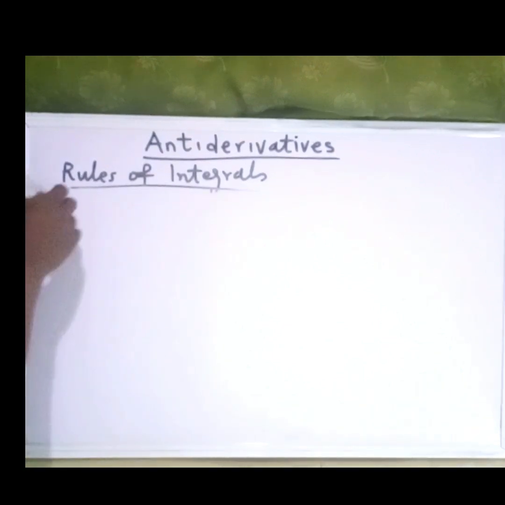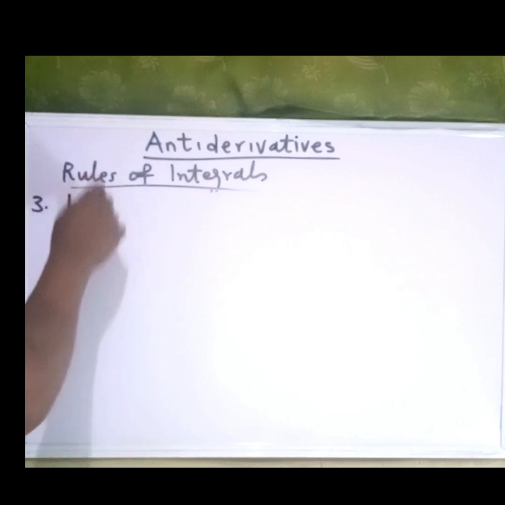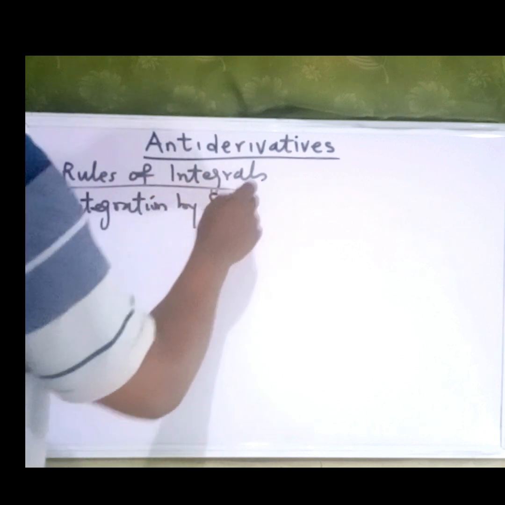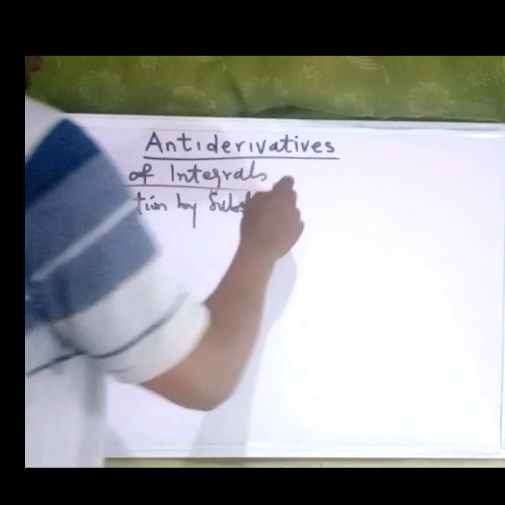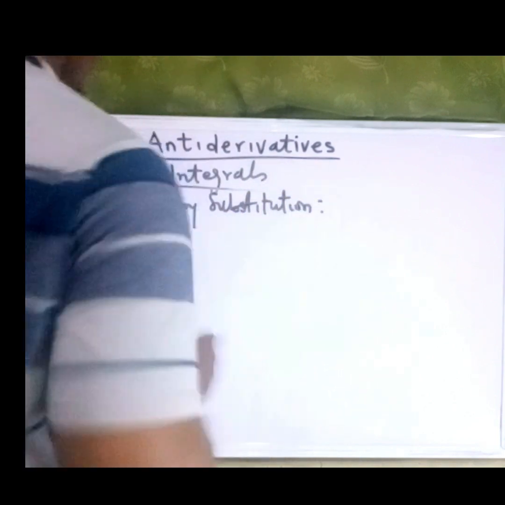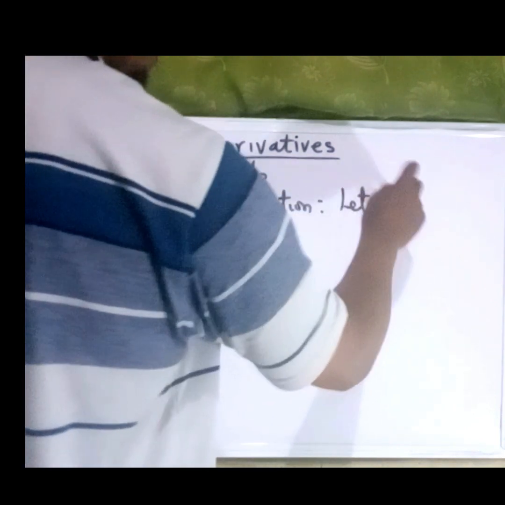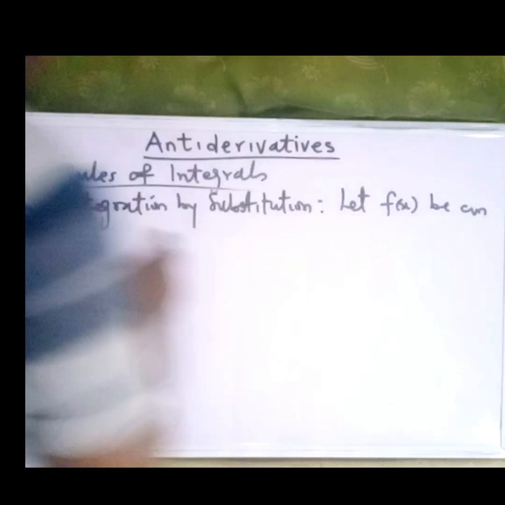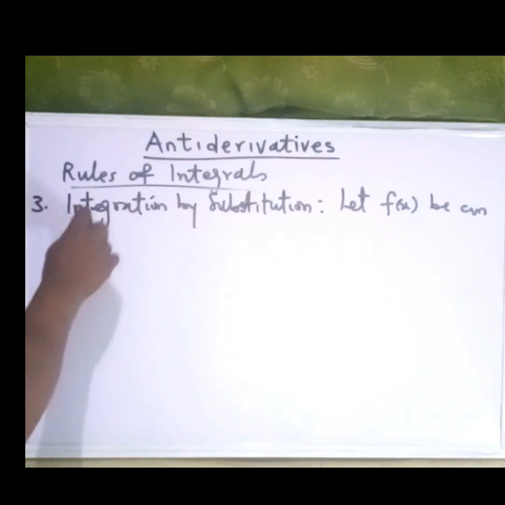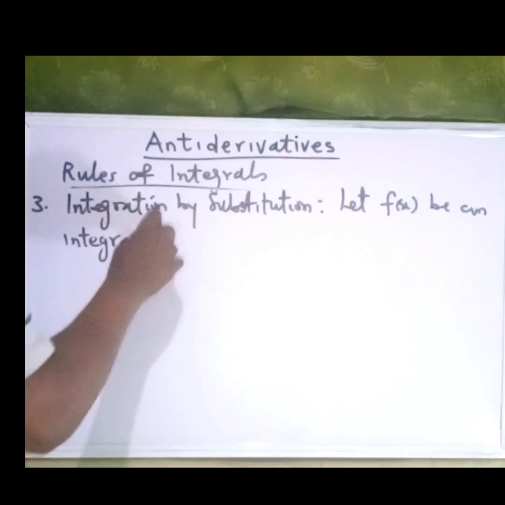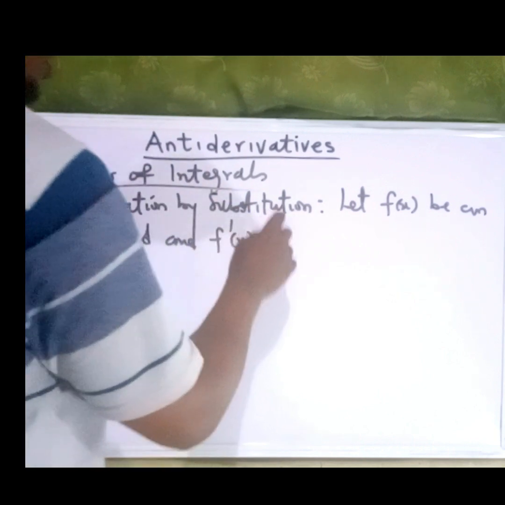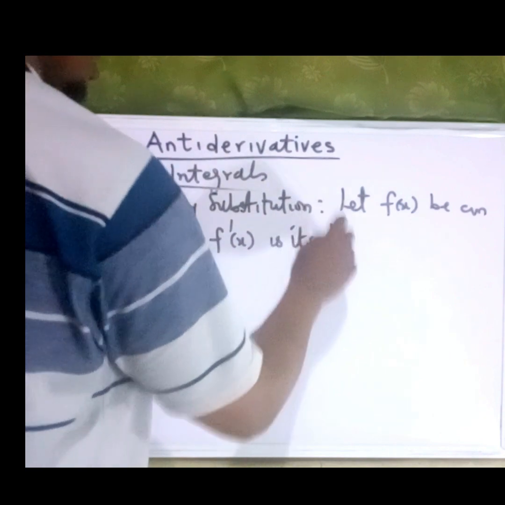So 3. Okay, so let f of x be an integrand and f prime of x is its derivative.